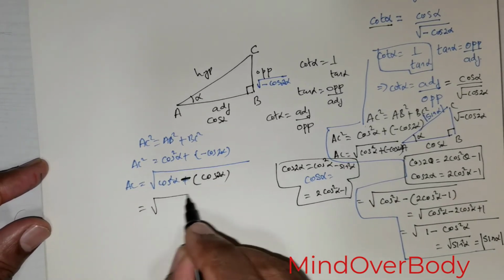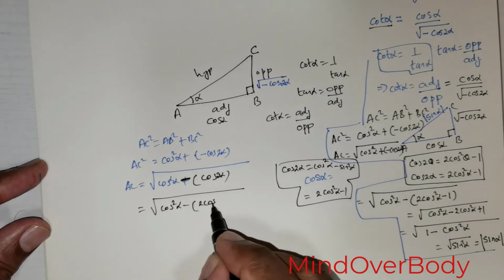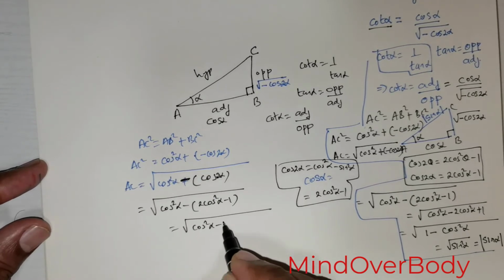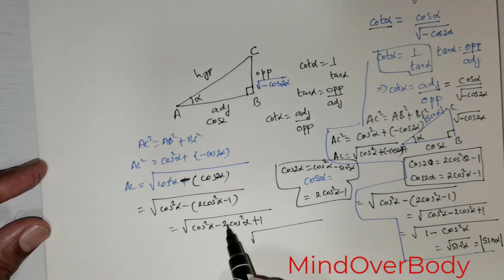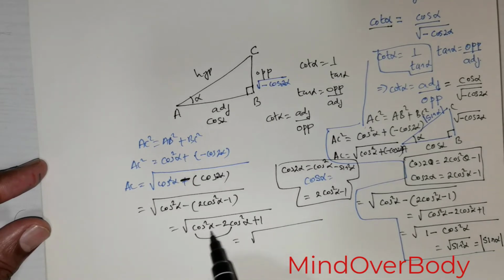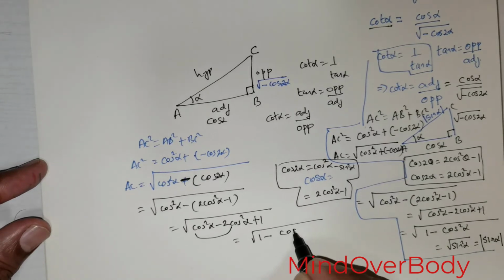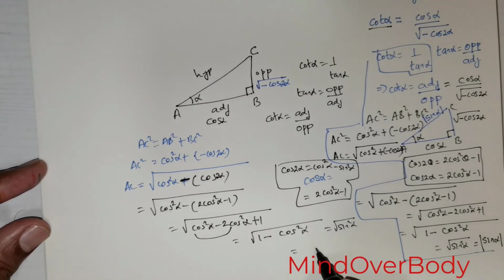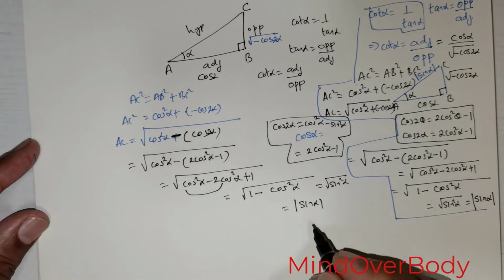This is going to be square root of cos squared alpha minus 2 times cos squared alpha minus 1, which is cos squared alpha minus 2 times cos squared alpha plus 1. Now negative 2 times cos squared alpha added with cos squared alpha would give me negative cos squared alpha. I can rewrite that as square root of 1 minus cos squared alpha, which is root of sin squared alpha, which would give me modulus of sin alpha.